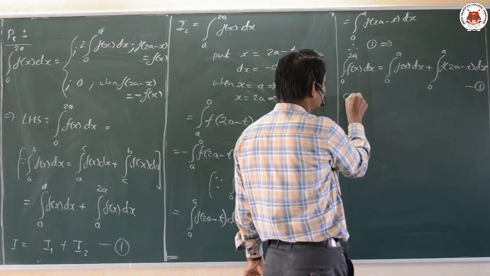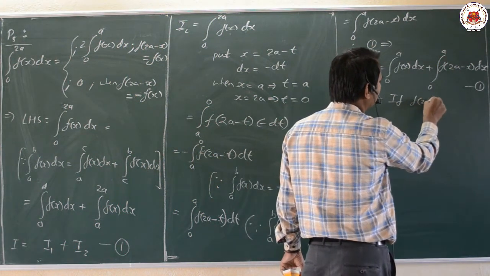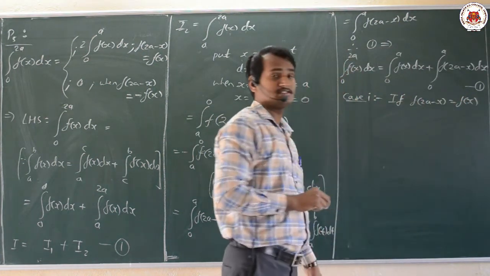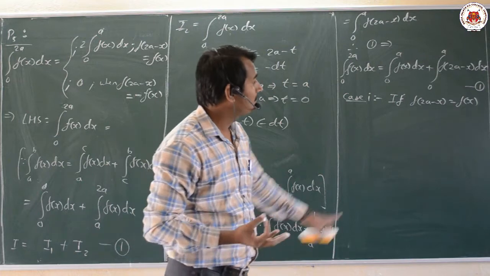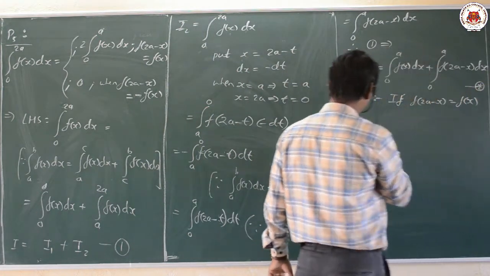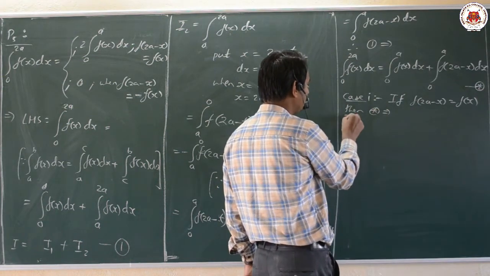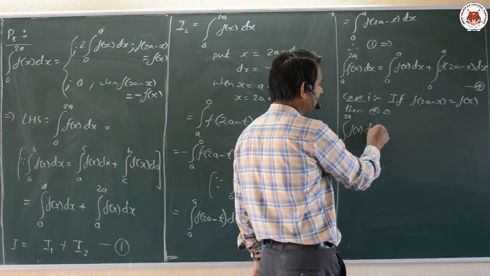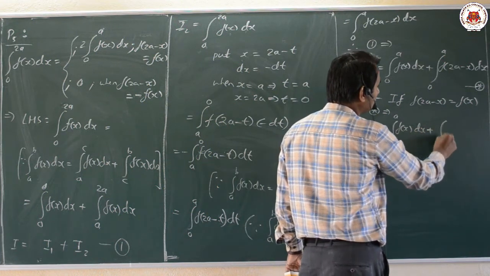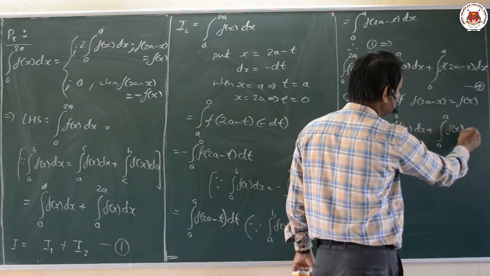Here there arise two cases. Case 1: if f of 2a minus x equals f of x, what will happen to equation number 1? I will call it star. Then star becomes integral from 0 to 2a f of x dx equals integral from 0 to a f of x dx plus integral from 0 to a f of 2a minus x, that is f of x dx.